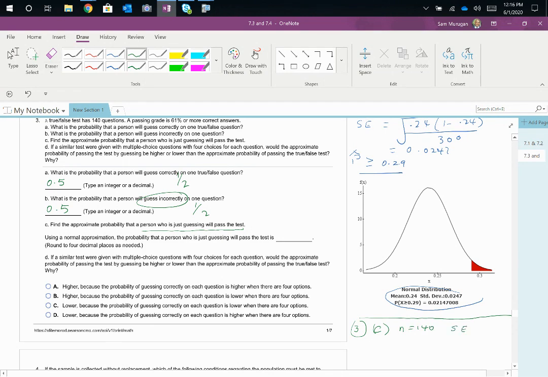And the p-value is equal to 0.5. So standard error is 0.5 times 1 minus 0.5, divided by 140. Okay, calculator.